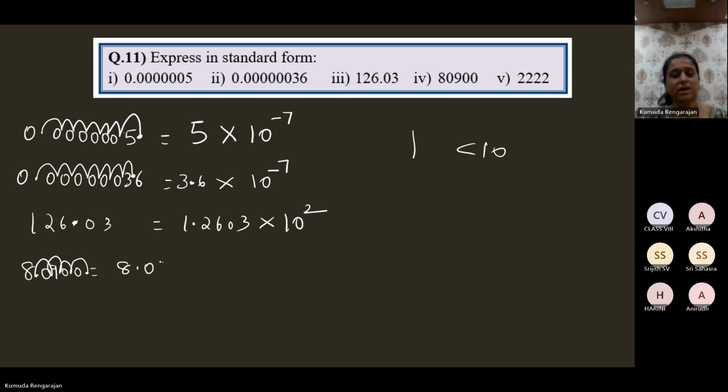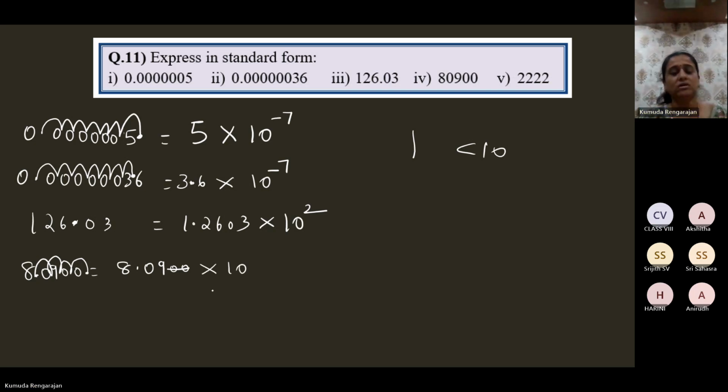8.09. 8.09 00, but you can just ignore this because the zeros in the extreme end have no value. Okay, so 8.09. Now this value is between 1 and 10. Into 10 to the power.